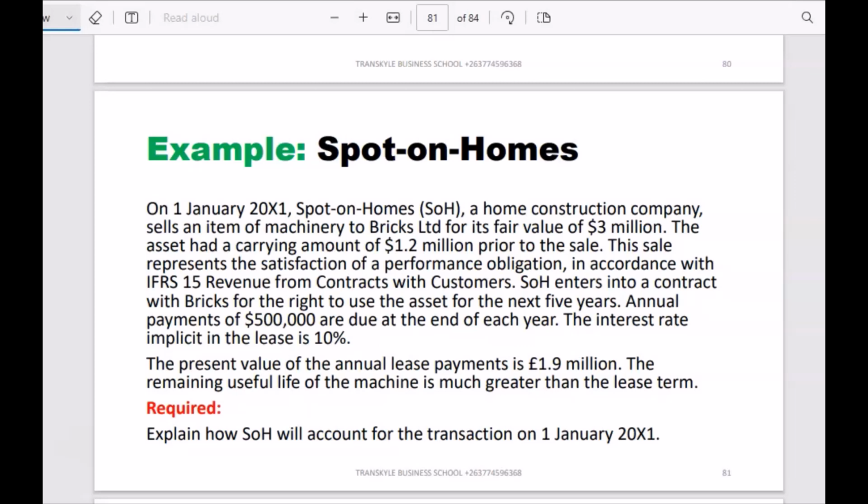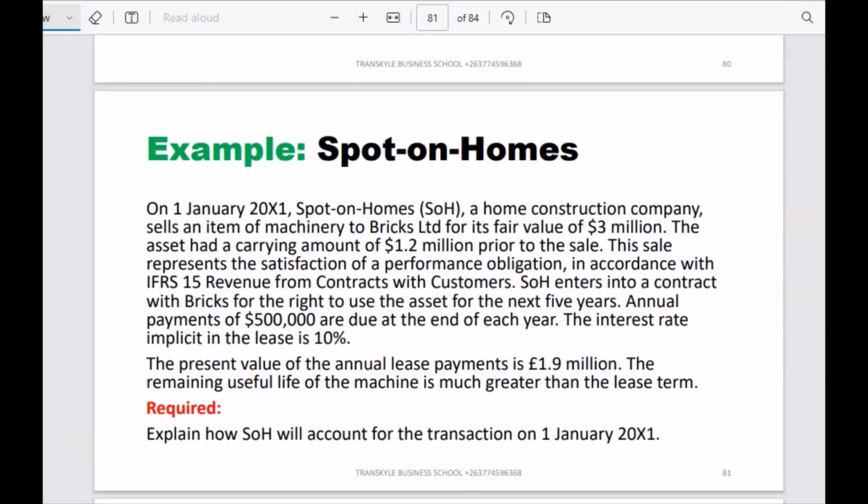On 1 January 2021, Spot on Homes (SOH), a home construction company, sells an item of machinery to Bricks Limited for its fair value of $3 million. The asset had a carrying amount of $1.2 million prior to the sale. This sale represents the satisfaction of a performance obligation in accordance with IFRS 15, Revenue from Contracts with Customers.